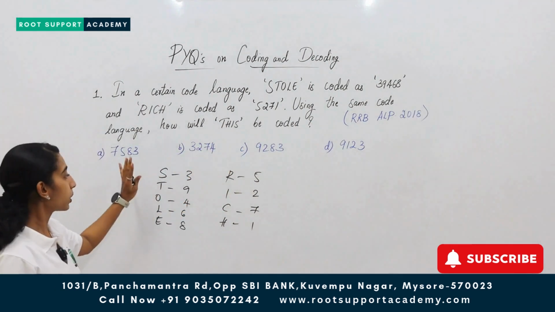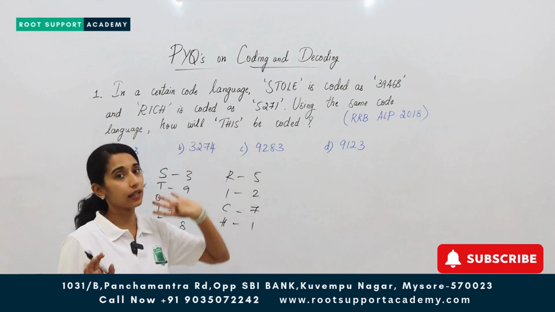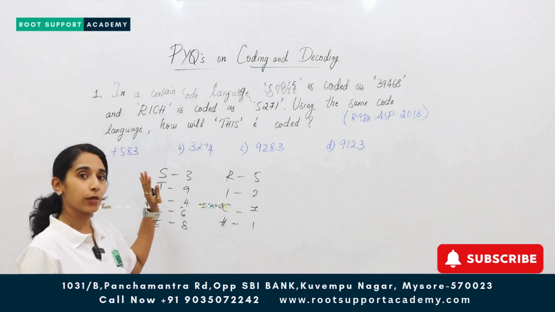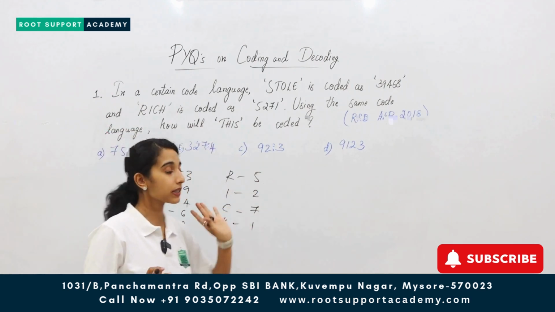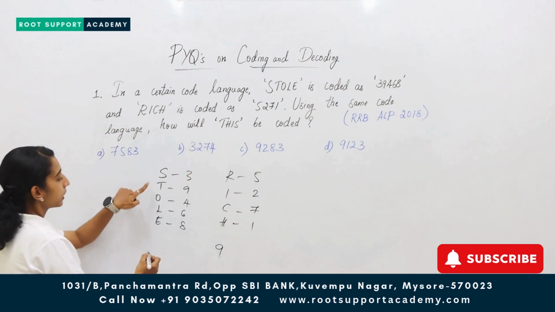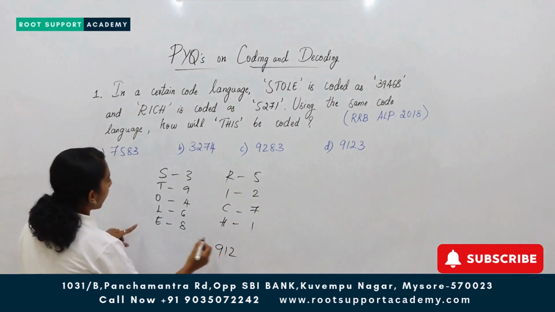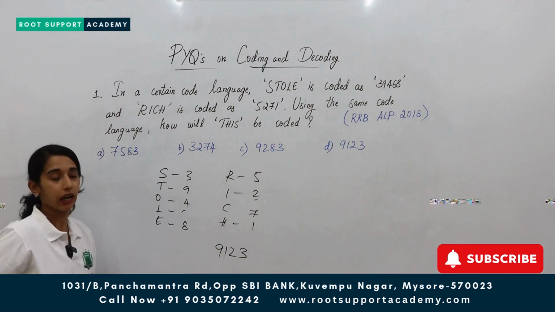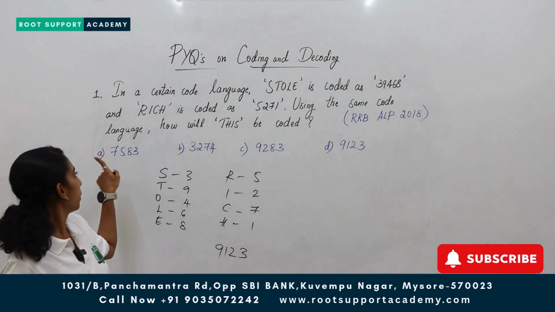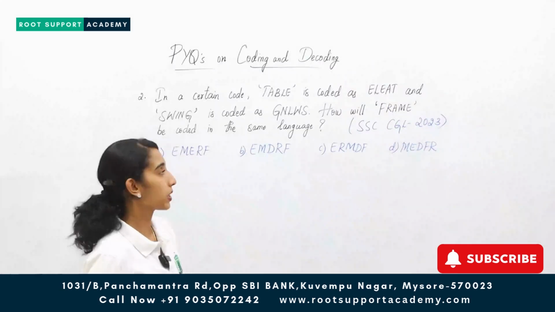In the two words already, the letters are present, so from there we have to see and write the same number. Where is T? T is here, so it has to start from 9, T, then H, 1, THI and S. What will be the answer? 9123. Where is that option? Option D, 9123.